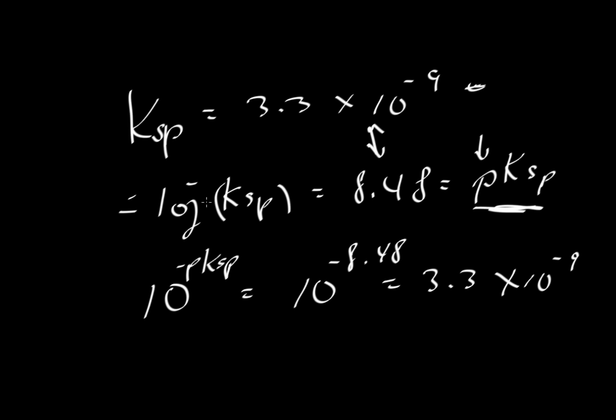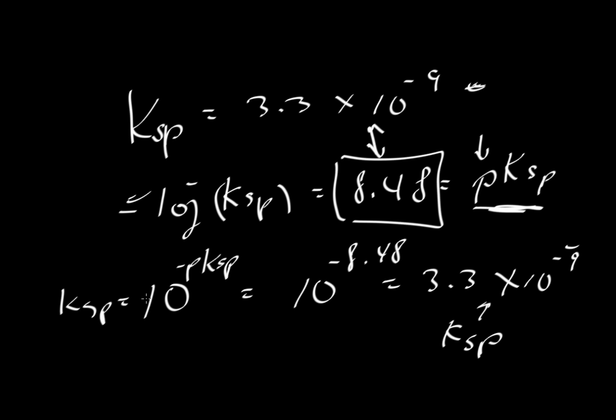It's the minus base 10 log of the K sub SP value. So you'll see these values a lot. We're comparing pK sub SP values. I'm not sure why they use the negative value. So when you see large values of a pK sub SP, it means you're going to have very small values for the K sub SP. So that's the K sub SP here that we've recovered as 10 to the minus pK sub SP value.